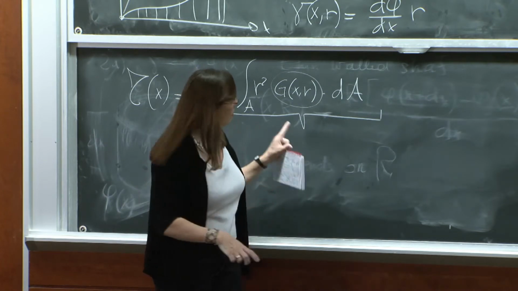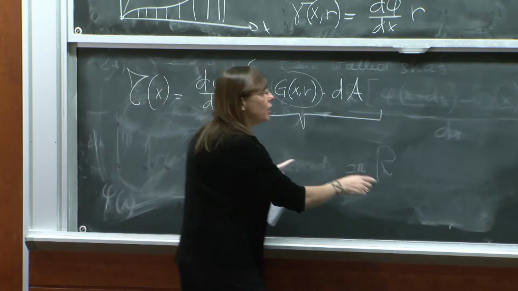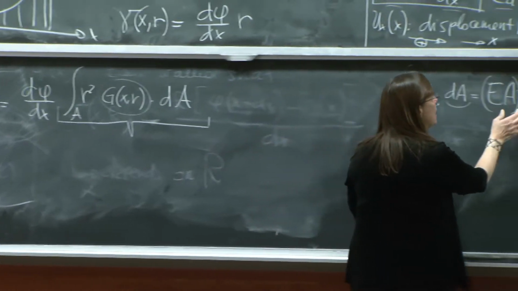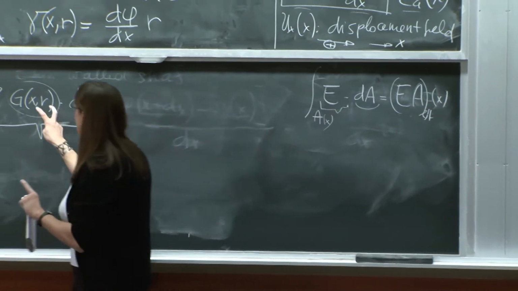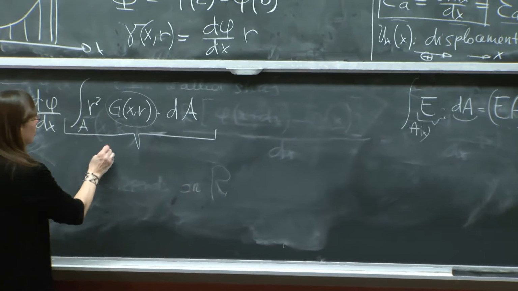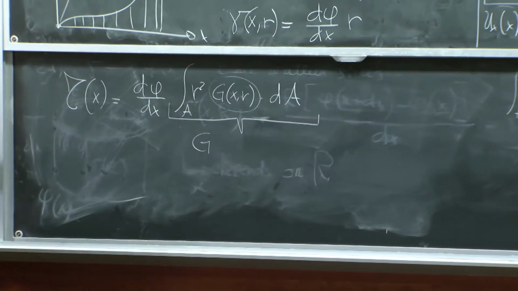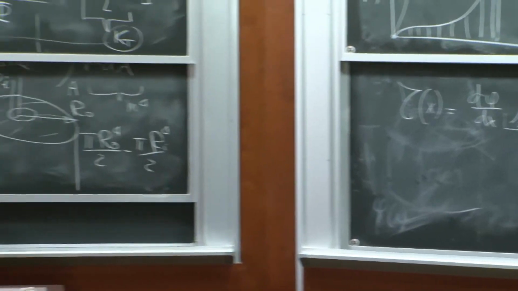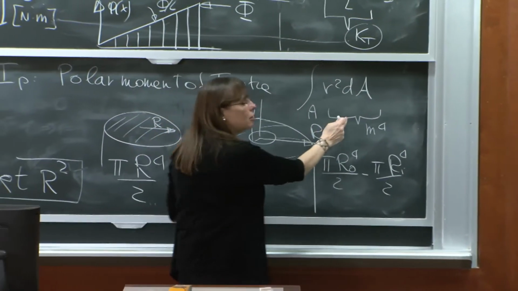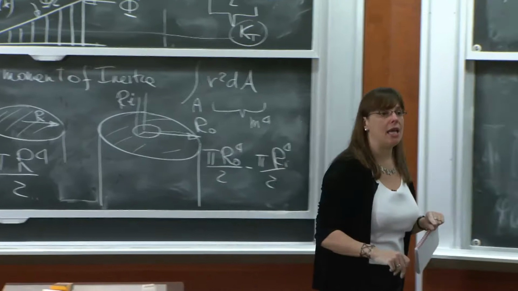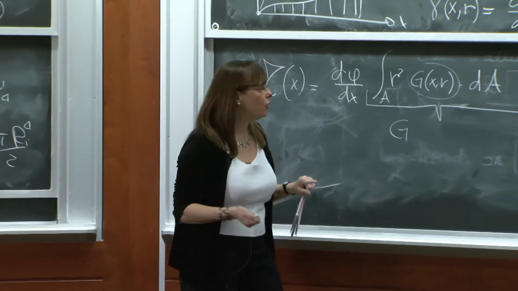All right, so the same way as this one was our EA effective, this thing, which is G and has r squared dA, looks familiar? r squared dA is the Ip, the polar moment of inertia of the section.